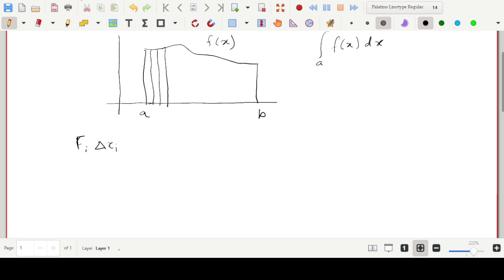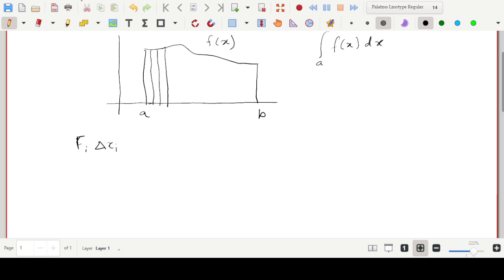So capital Fi is the supremum of the function in this subinterval, and delta xi is the length of the subinterval, and in that subinterval assume that the supremum of the function has value capital Fi.